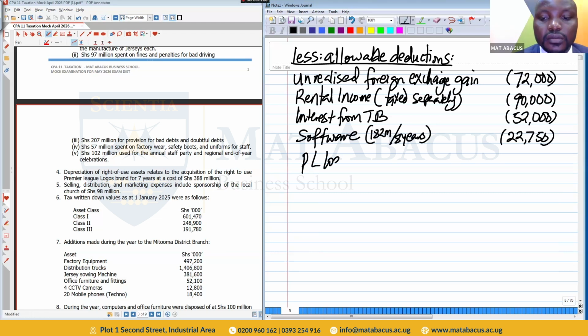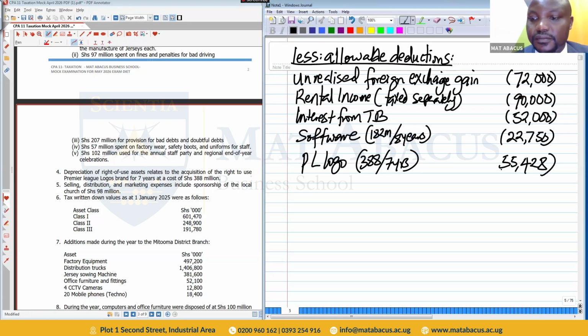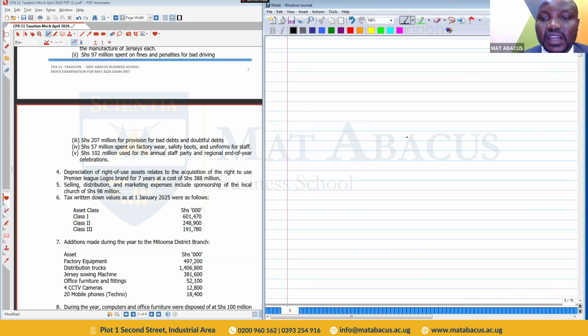Premier League logo, so we shall have 388 divided by 7 years. This will give you 55,428 as an allowable deduction. Then the whole depreciation amount will be disallowed.